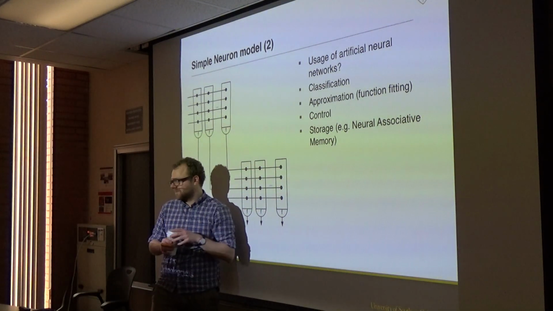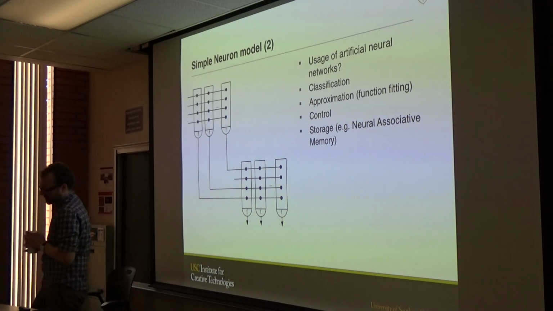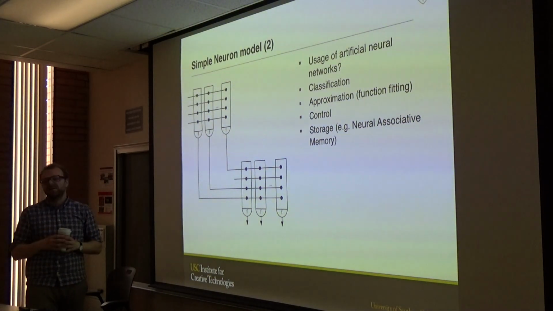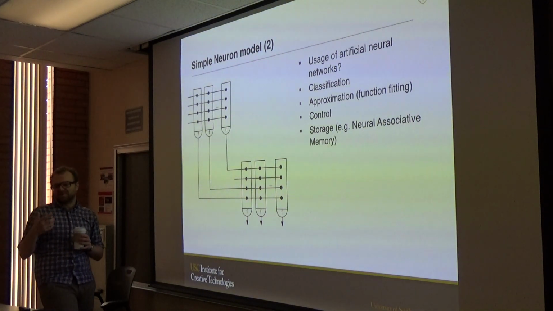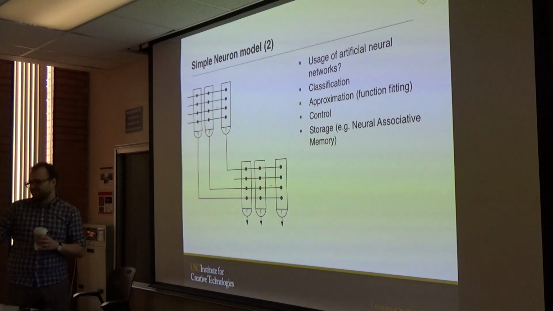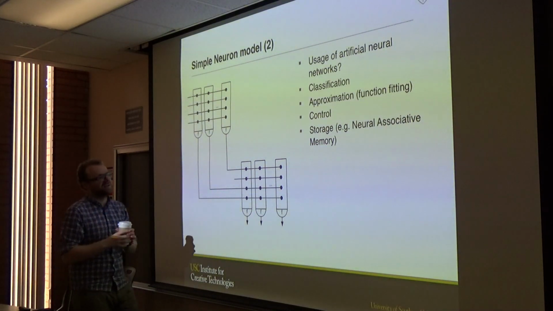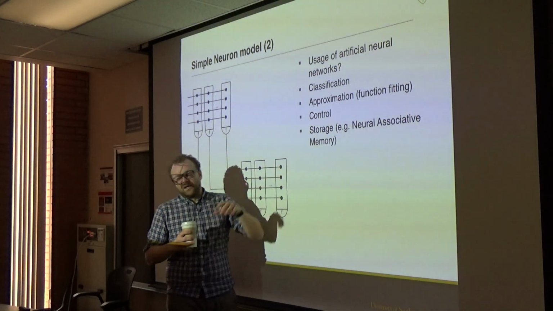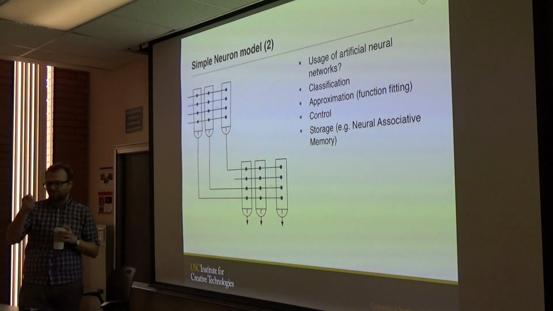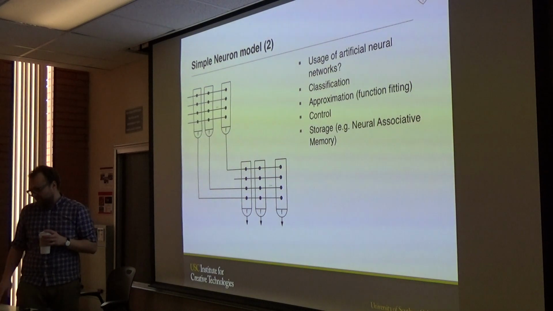He came up with that term, and he analyzed them mathematically and found out that in neural associative memories you can store more information than in just a binary memory where you store zeros and ones. You can actually store more than a bit in a bit, or in one weight.